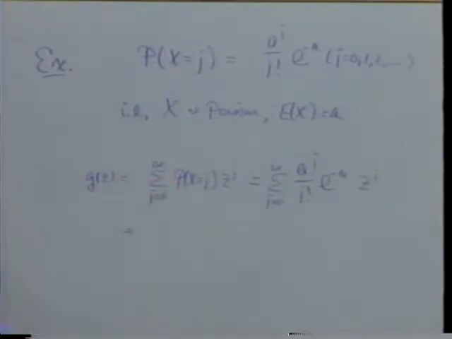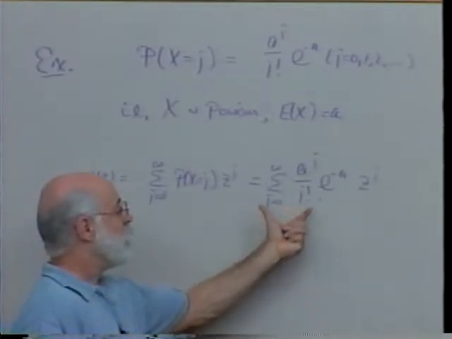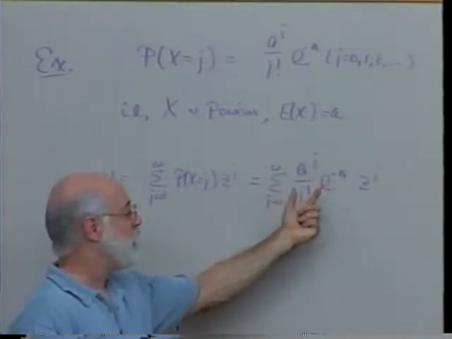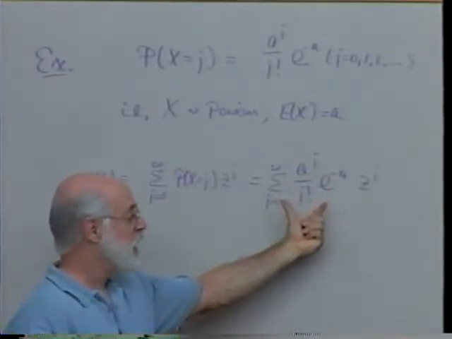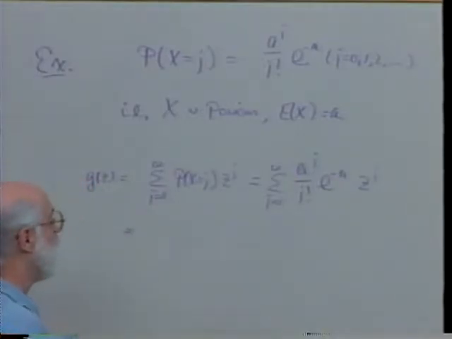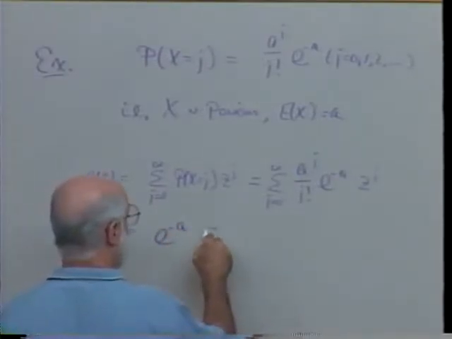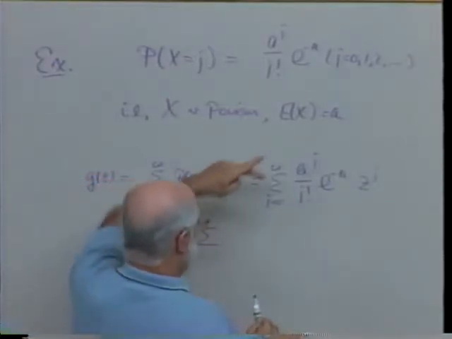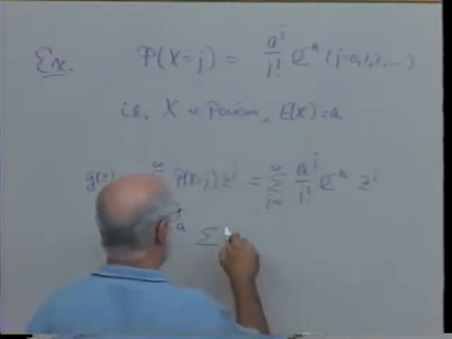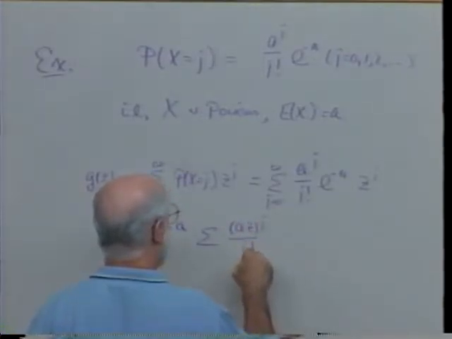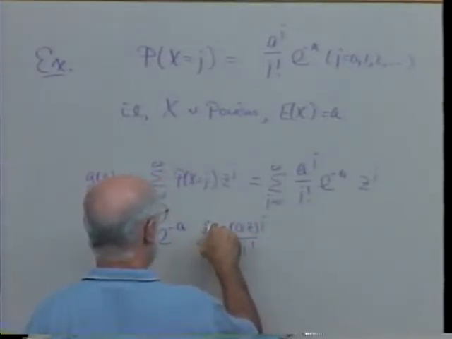Okay, now what's going to be the important point here is that for this particular case, and for lots of cases where you have a nice formula for the probabilities, you can actually sum the series. So the way I do that is I take the e to the minus a outside the summation sign, and then I take the sum, and I combine the a to the j with the z to the j, so I get az to the j over j factorial as j runs from 0 to infinity.